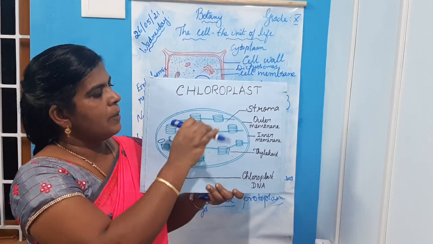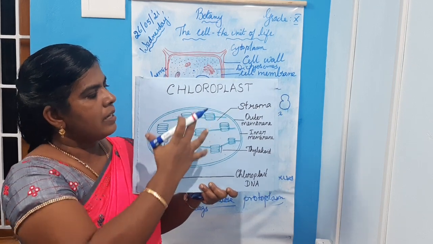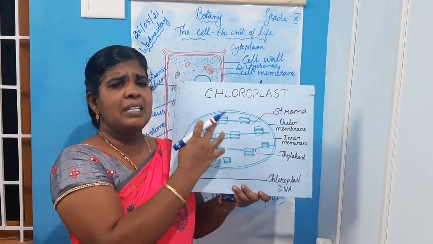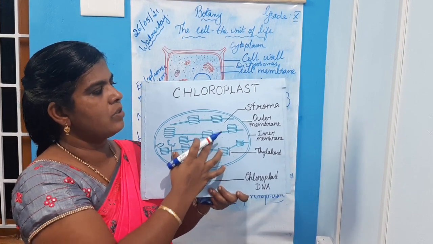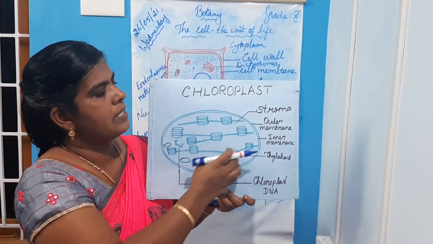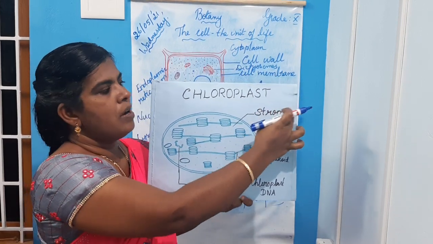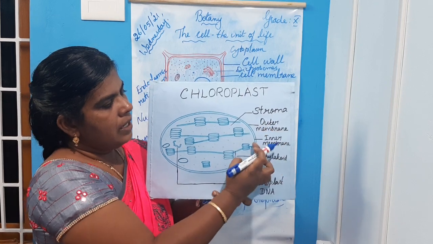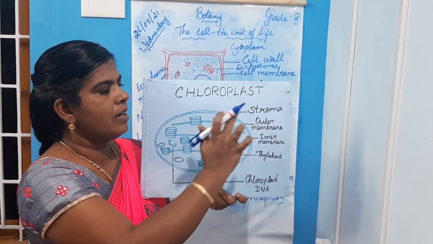Inside the membrane there is a jelly-like substance called matrix. The matrix present inside the chloroplast is called what?